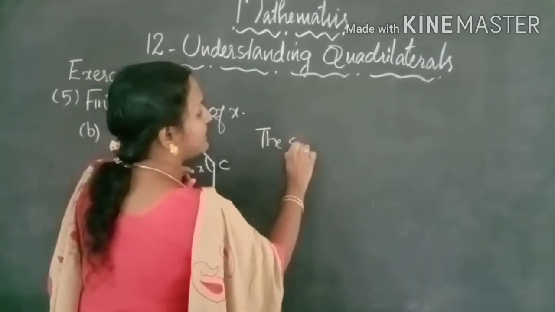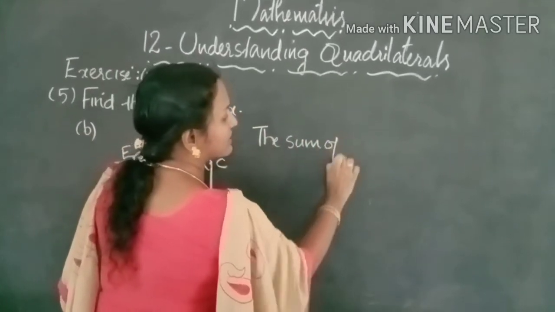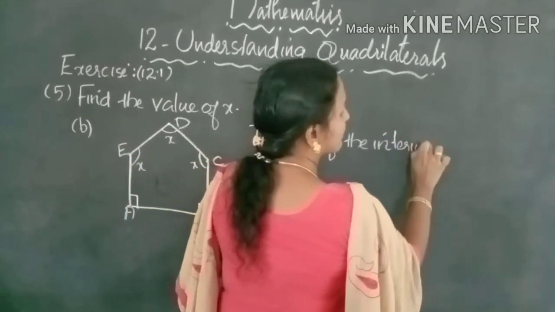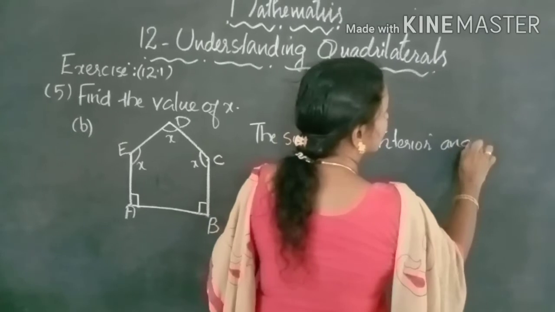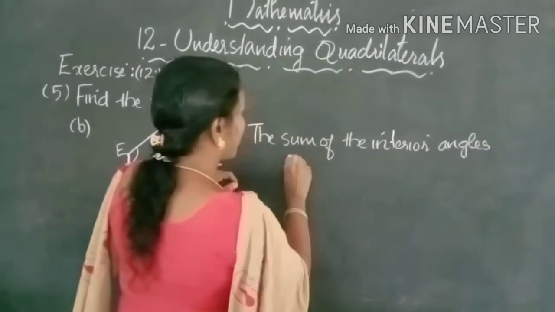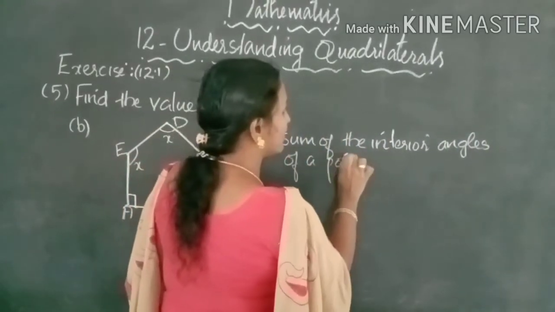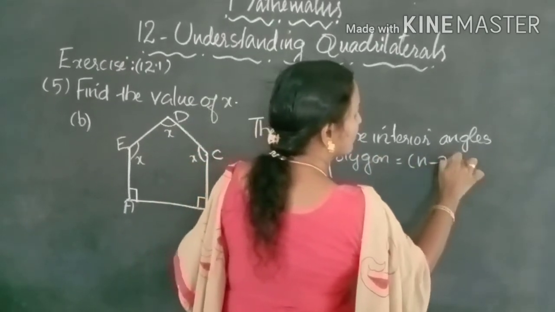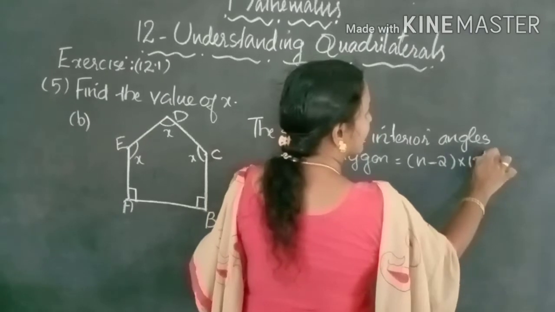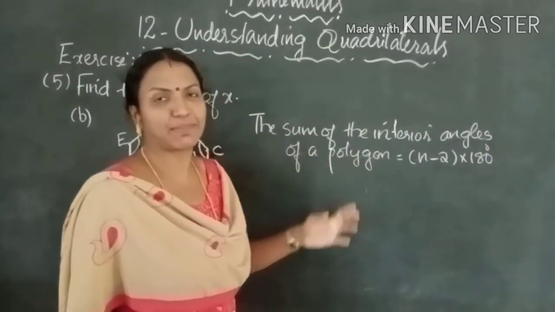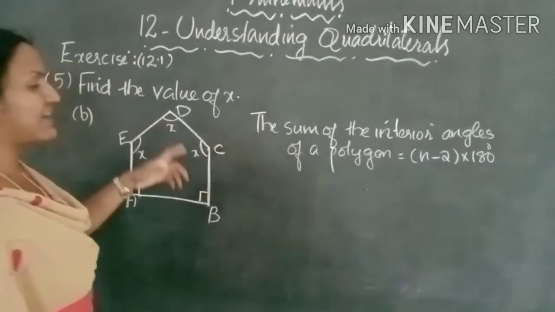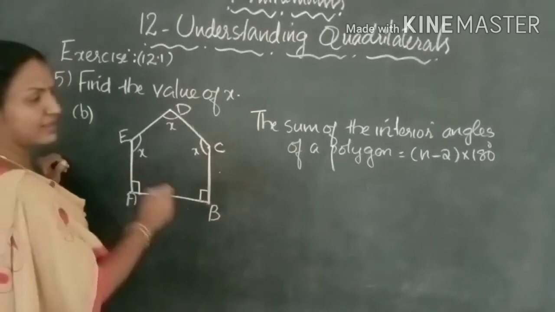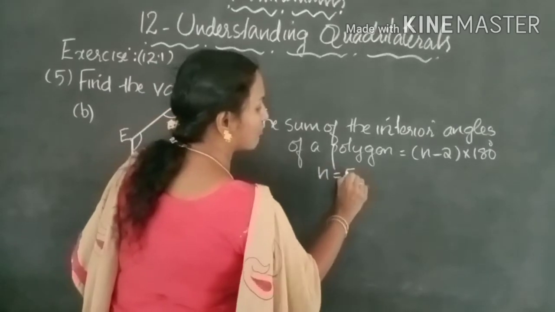So, the sum of the interior angles of a polygon is n minus 2 into 180. How many sides are there? 1, 2, 3, 4, 5. n is equal to 5.